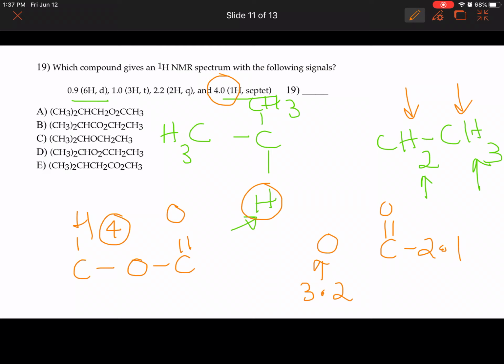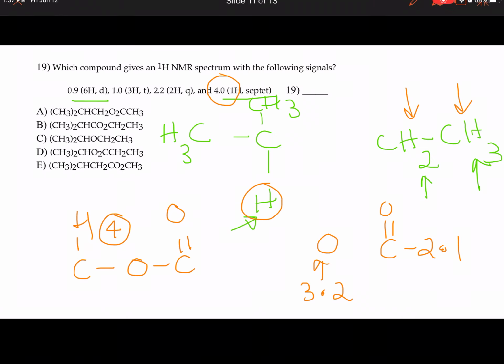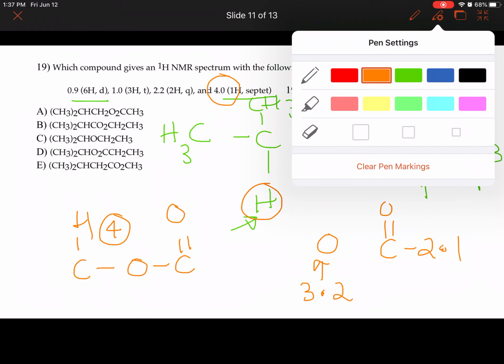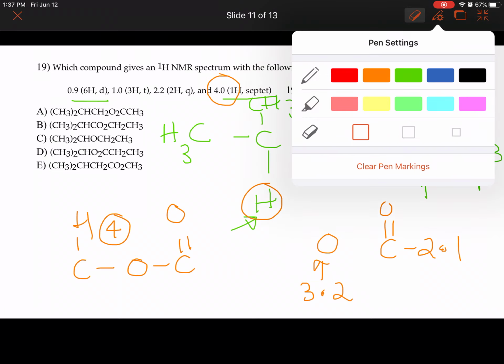Now let's look at our A answer. There are 3 methyl groups on that carbon, and then you have CH2. Let me draw that molecule for you, so then you will see why it's not the correct one.